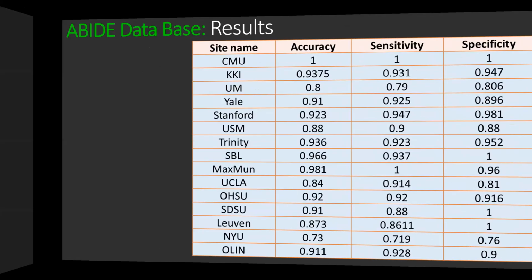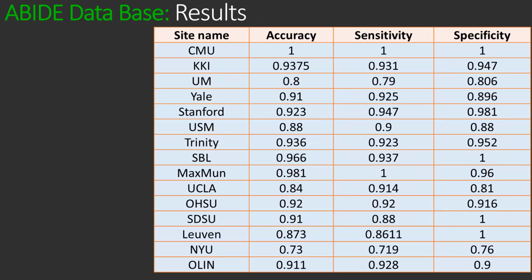Second is validation, because, by the way, this technology has been licensed by a company in New York. They asked us to test our system on data collected from multiple centers.